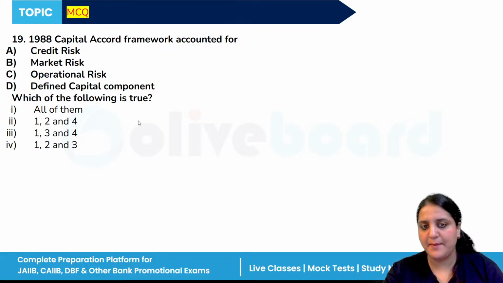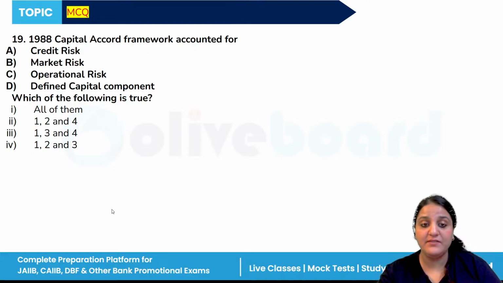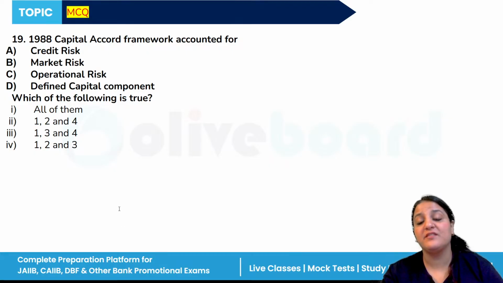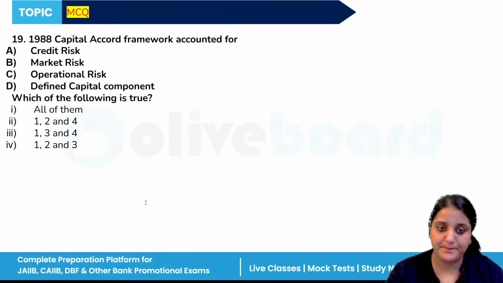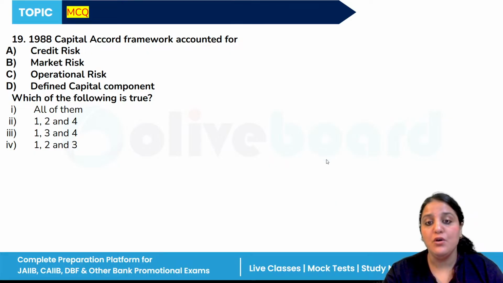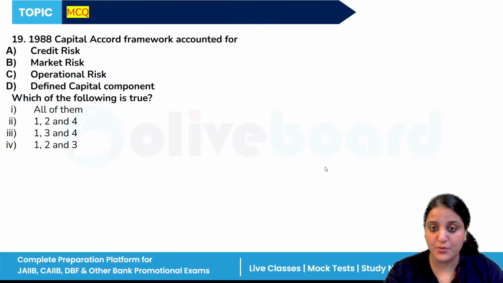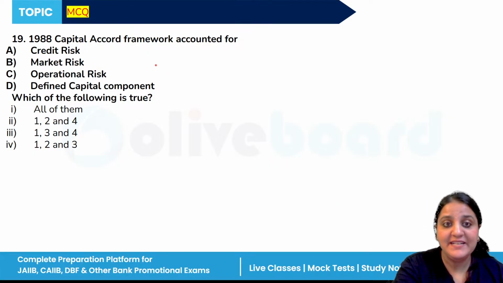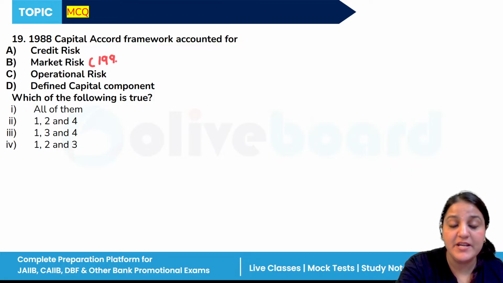Just to strengthen the stability of the international financial system. And there is a minimum capital of 8% for internationally active banks, which primarily focuses on credit risk, right? So credit risk is accounted here, but market risk was included in the 1996 amendment.